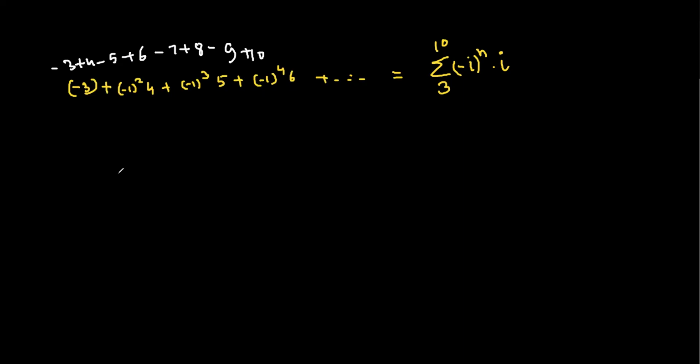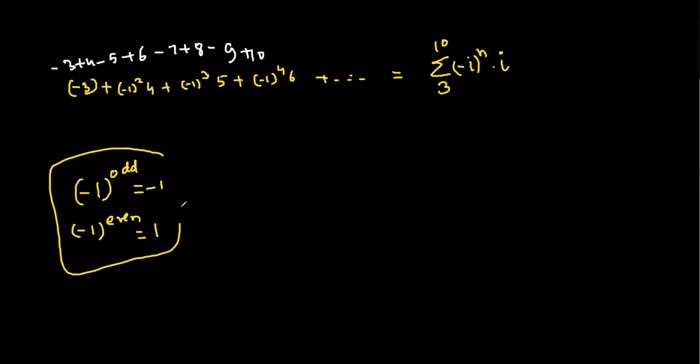I start from 3 to guarantee that negative 1 raised to an odd power is always minus 1, and this is even. So when you put i is equal to 3, this is minus 1 raised to i, right?